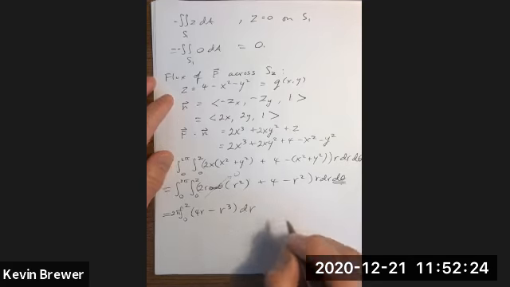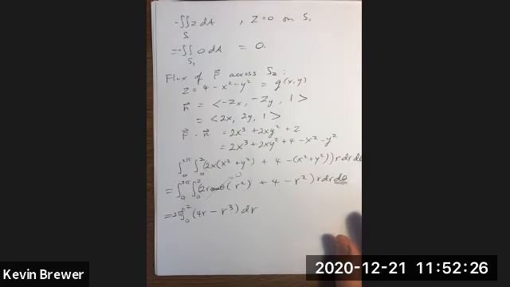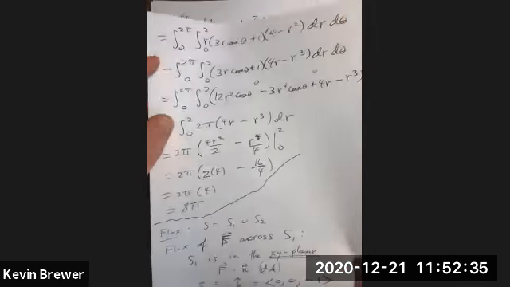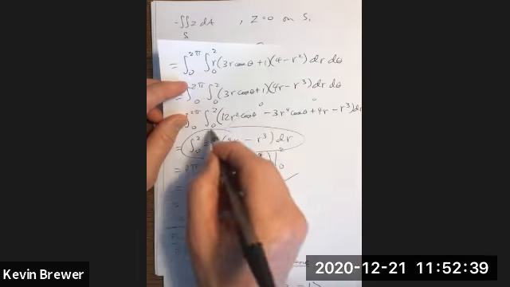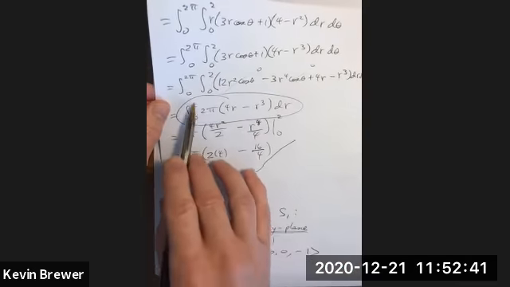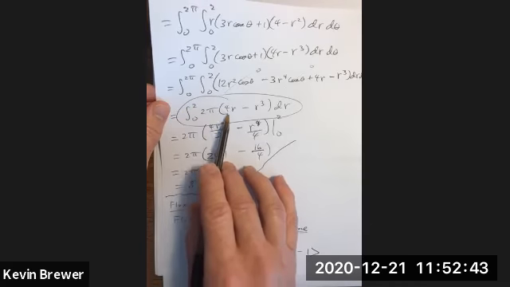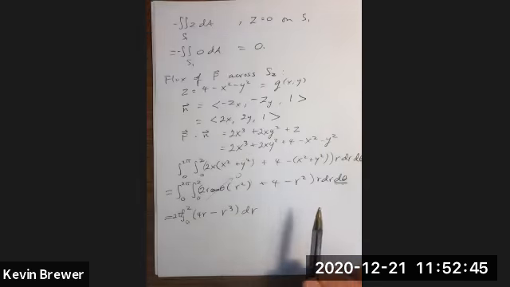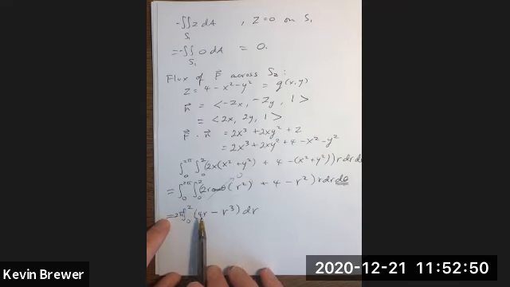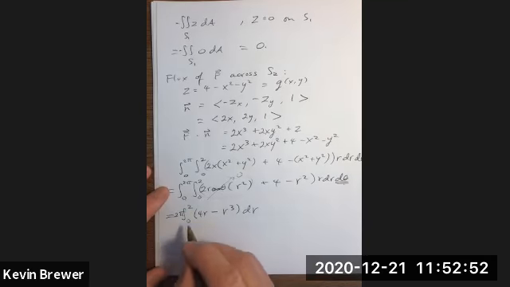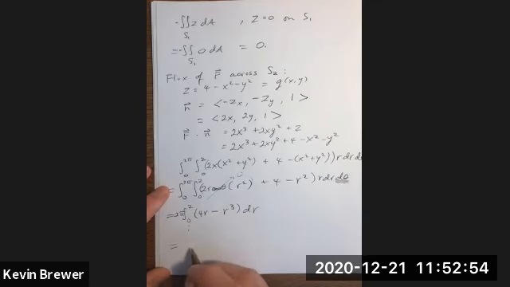And then dr, and this is actually exactly the same thing we had. Notice in the divergence integral, we ended up with 2 pi times the integral from 0 to 2 of 4r minus r cubed dr. It's the same thing. It integrates to 8 pi.